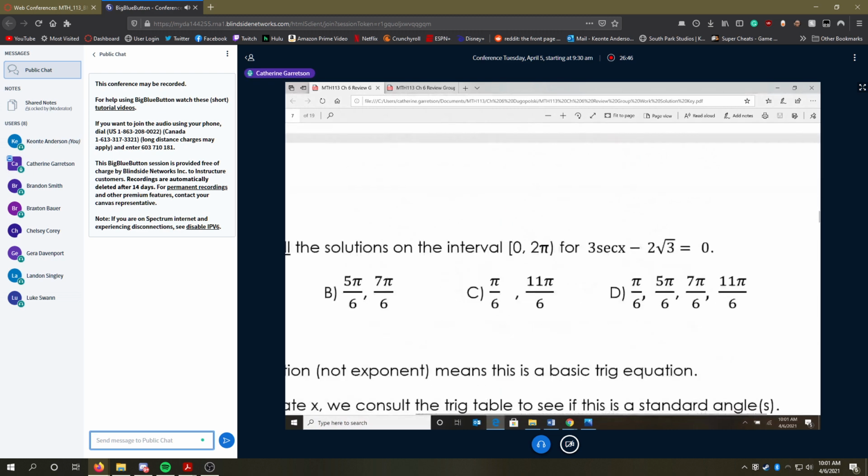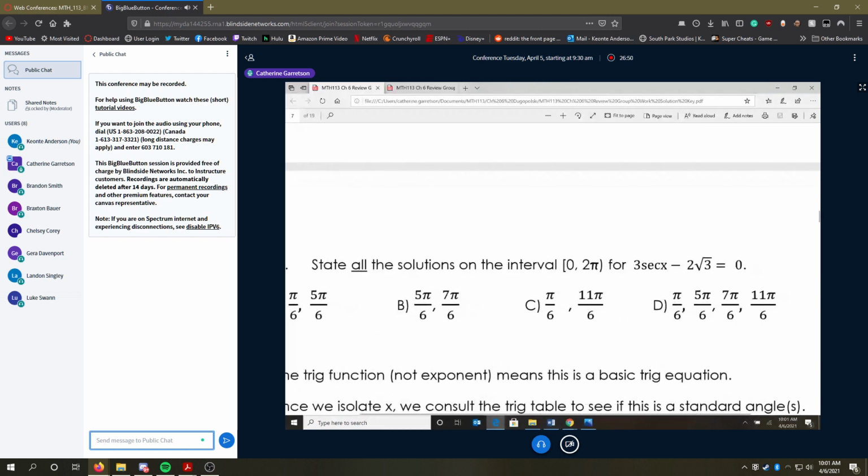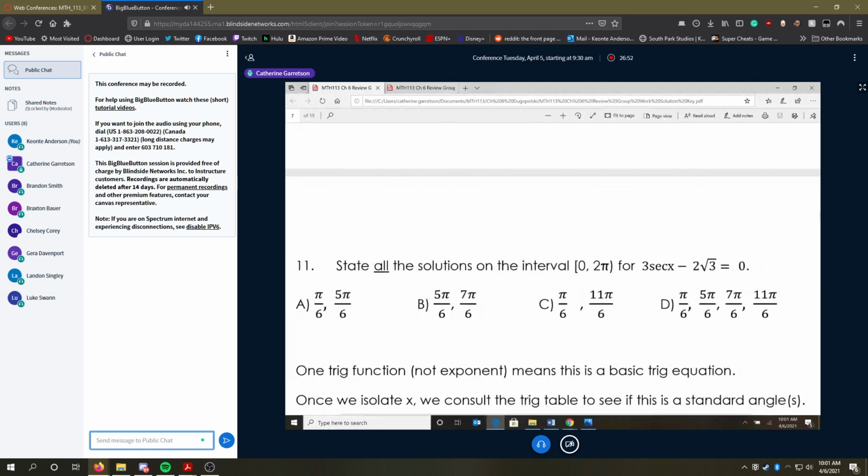Now, here we go. Another trig function, a trig equation. It says state all the solutions on the interval from 0 to 2 pi for this equation. So the first thing I want to think about is how many trig functions do I see, and are any of the trig functions raised to a power like secant squared?